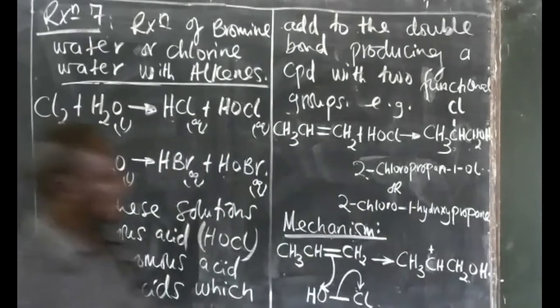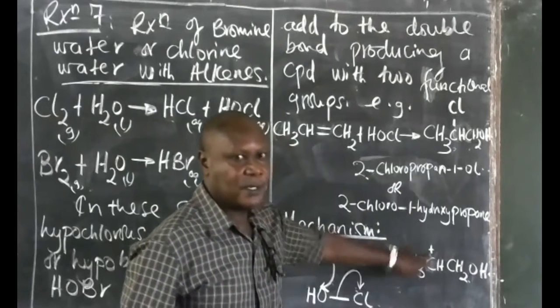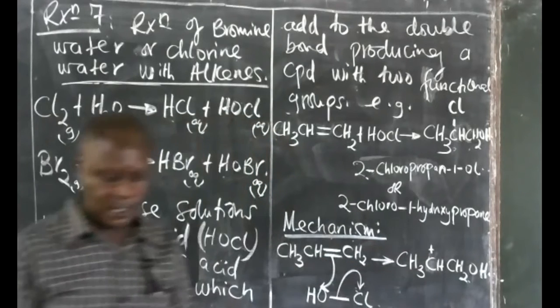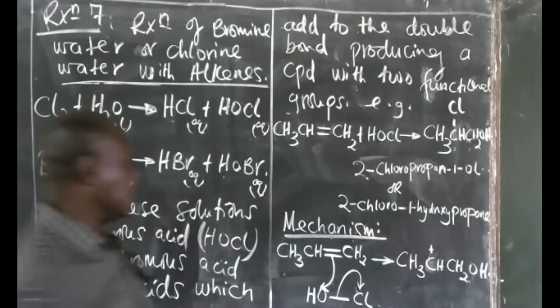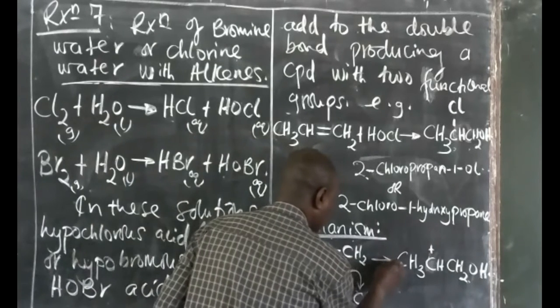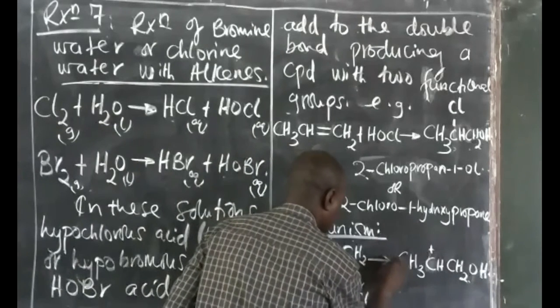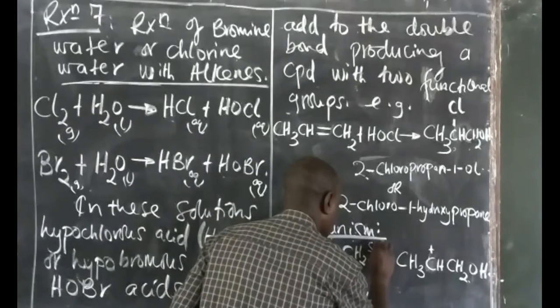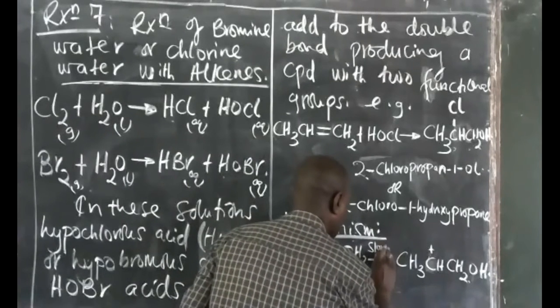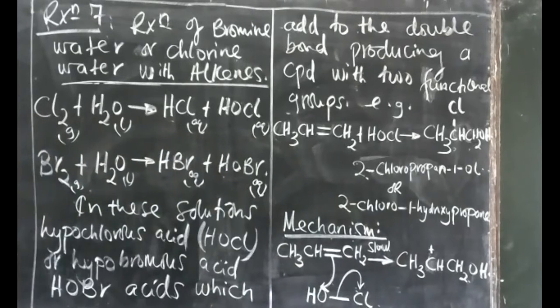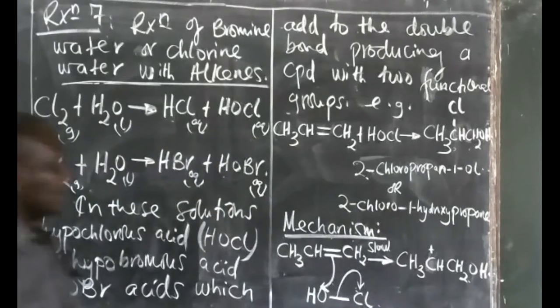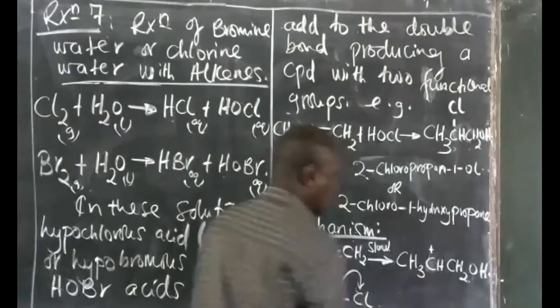We get the secondary carbonium ion as the major intermediate, which is more stable. And this is a slow step.